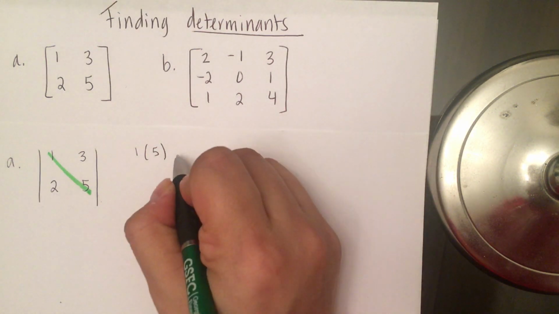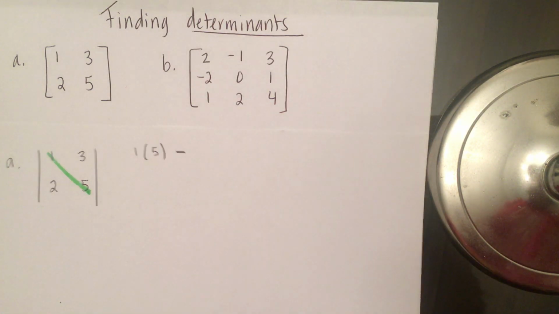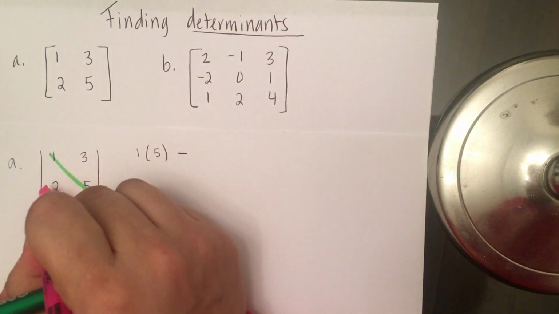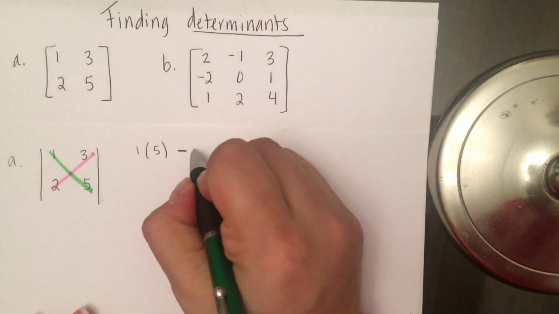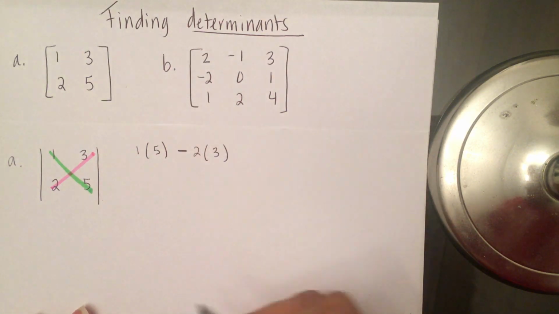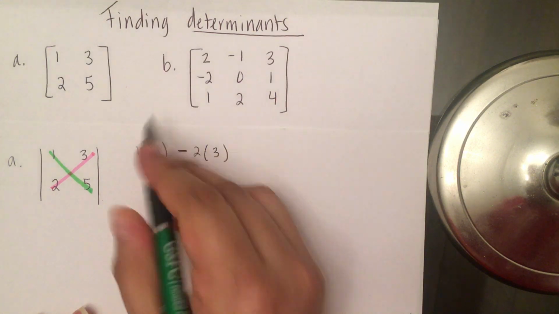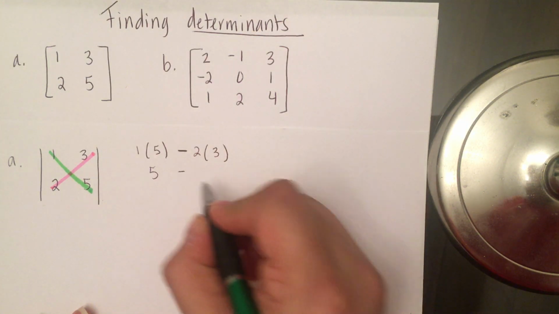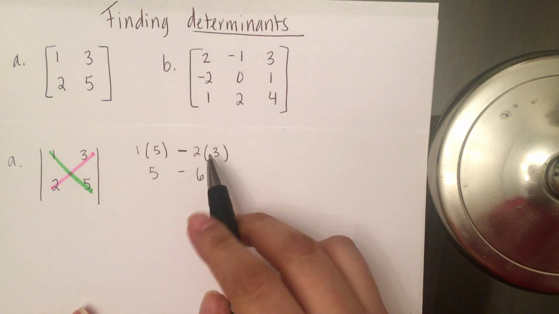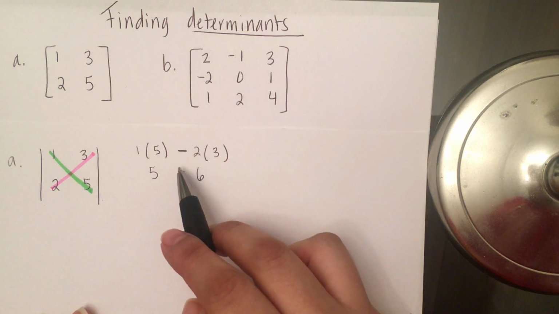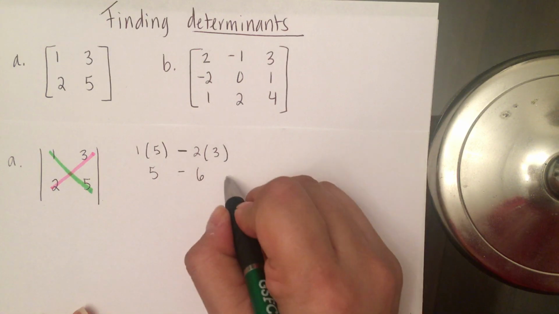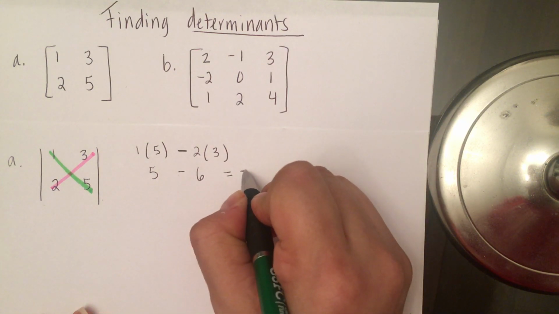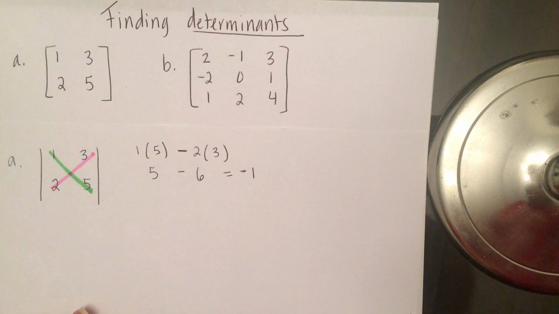And then I'm going to subtract the number that goes diagonally in the other direction, so that would be 2 times 3. 1 times 5 is 5 minus 2 times 3 is 6. Remember that if this was a negative, you would have minus a negative 6, which would turn into a positive. So right here, I get a negative 1, and that is the determinant of that matrix.